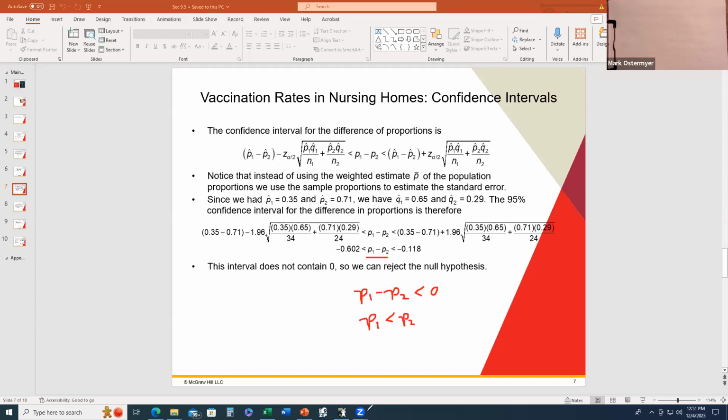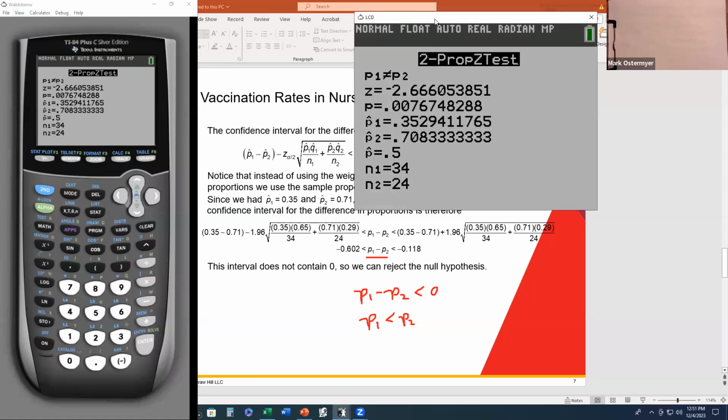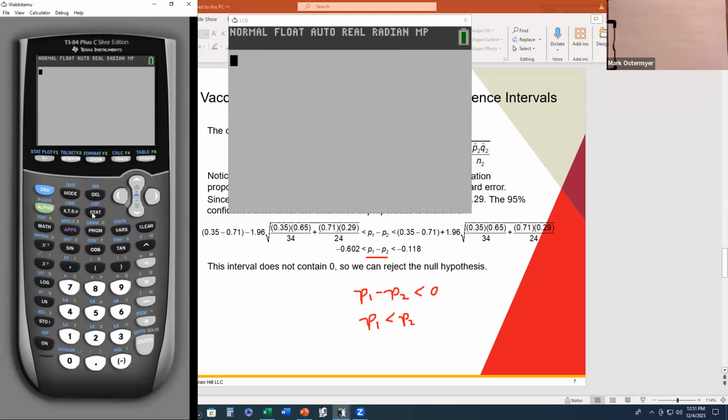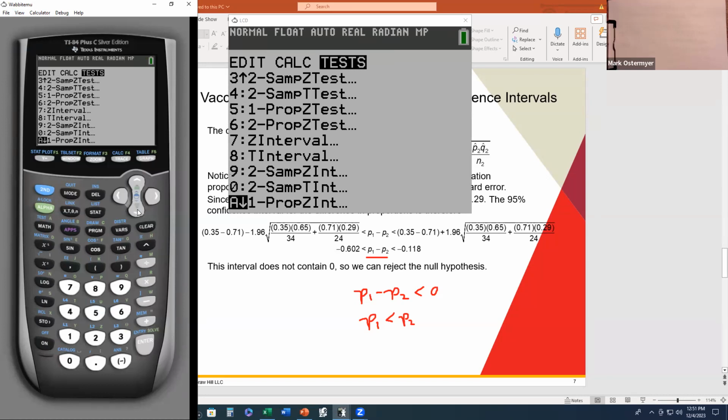Now, is there a way to build this confidence interval using your calculator? Well, we'll certainly try and see if there's a way. Go to Stat, Tests, and we'll go down to the 2-prop Z int function.